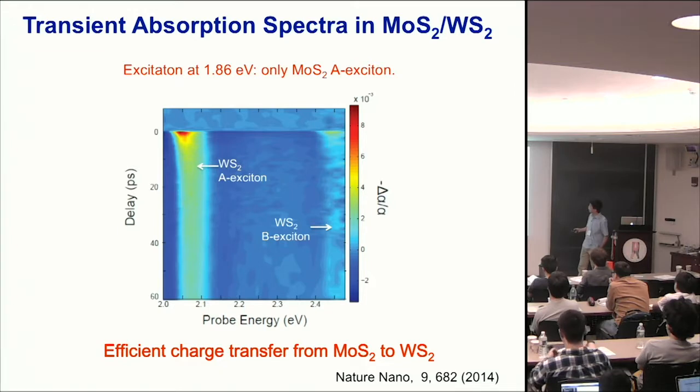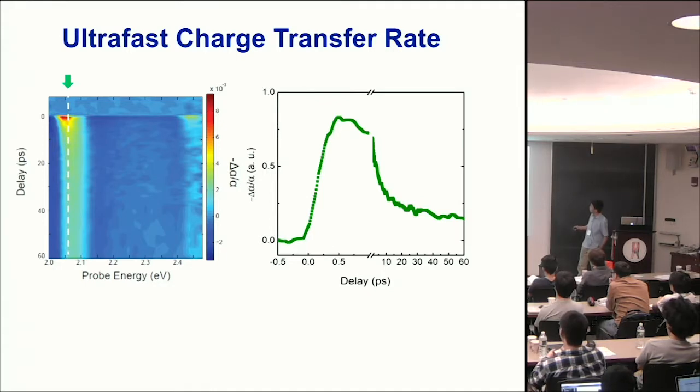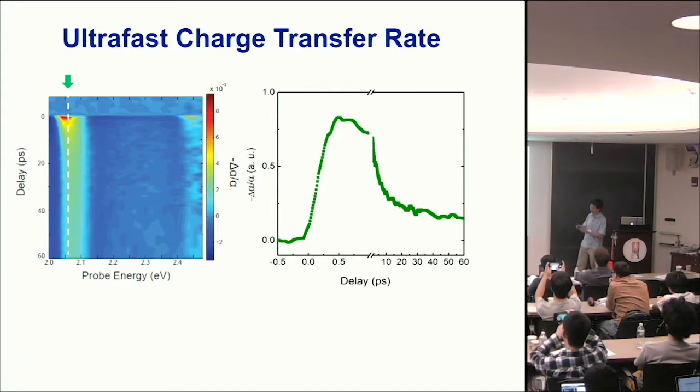If we do a line cut of this, we can see how fast the signal rises. As I mentioned before, prior to charge transfer the signal is very small, and after charge transfer the signal should increase very quickly. Then it can decay depending on how the charge relaxes. So the rise time tells us the charge transfer time scale, and you can see here it is less than, say, 300 or 400 femtoseconds.